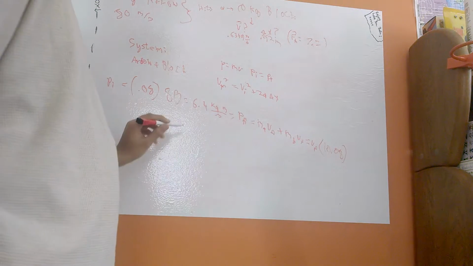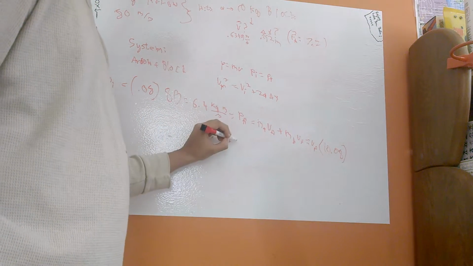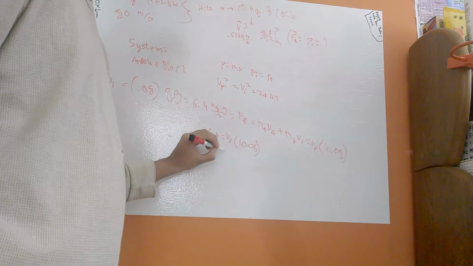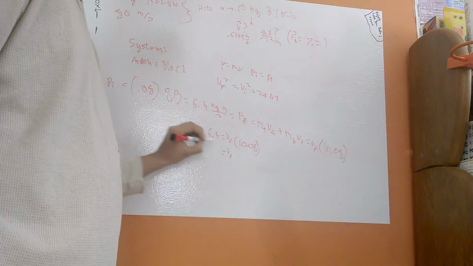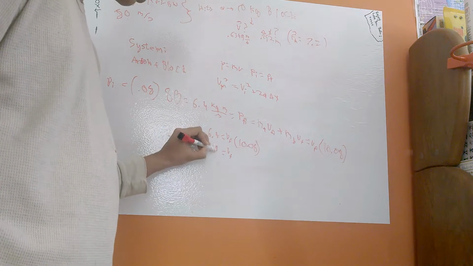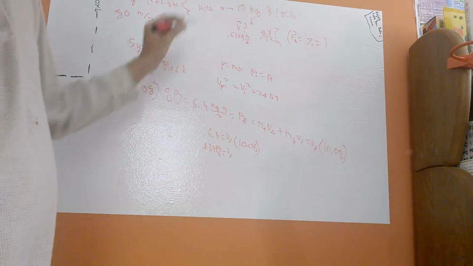Now solving for final velocity, we get that the final velocity is 0.6349 meters per second. So we have that value.